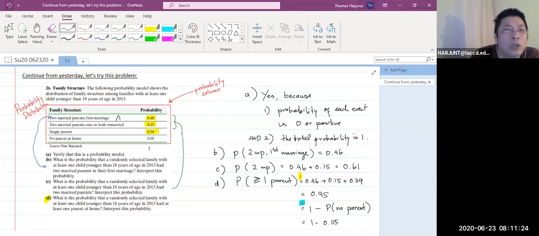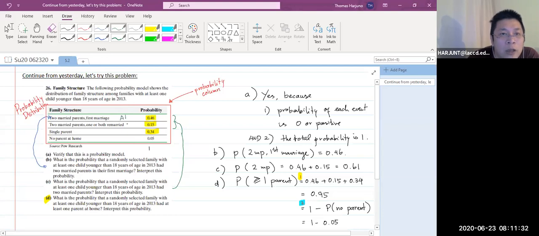We can just say that this is A1. I mean, we can call that something else. Maybe I use another color. I can call this A1, A2, B, and none, for example. Then for question part B, I can say find the probability of A1.